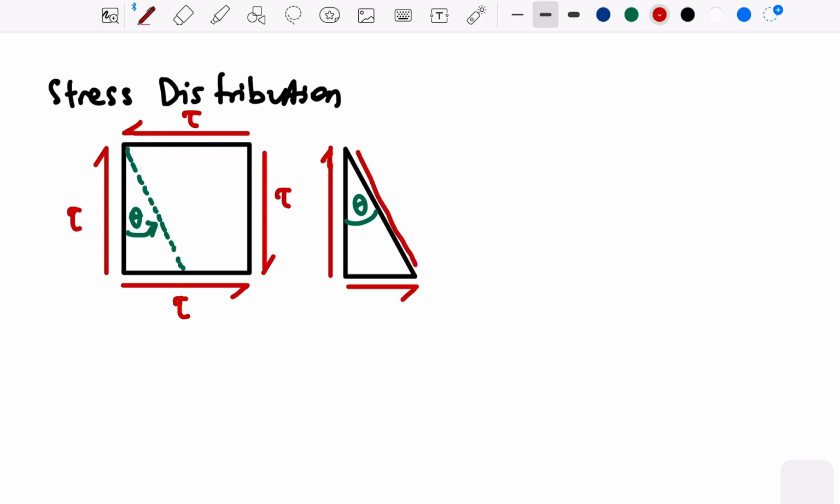This is the tau here. And we also have shear stress, which is going to be the internal force. And we have the normal here.